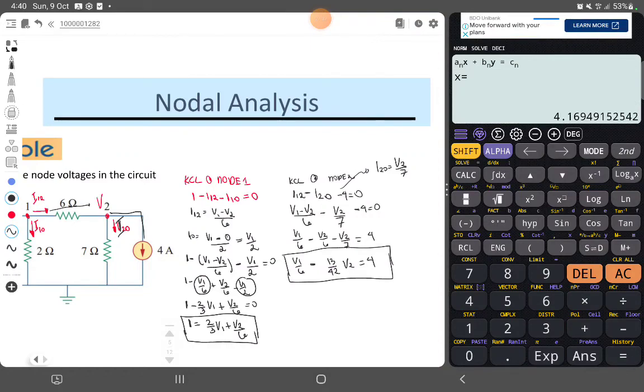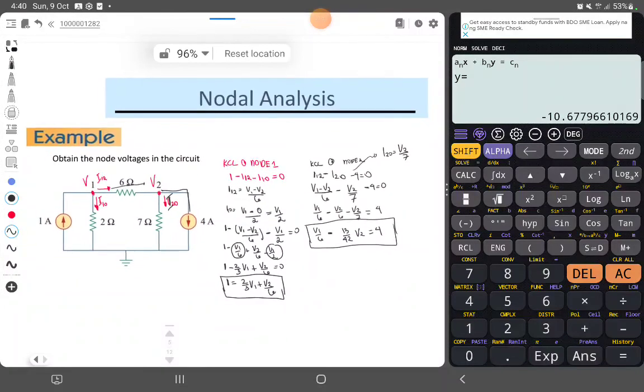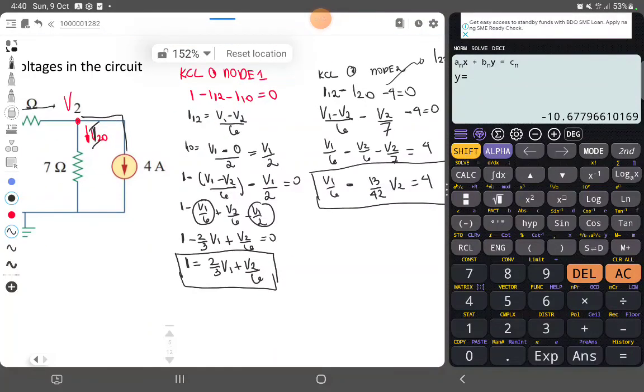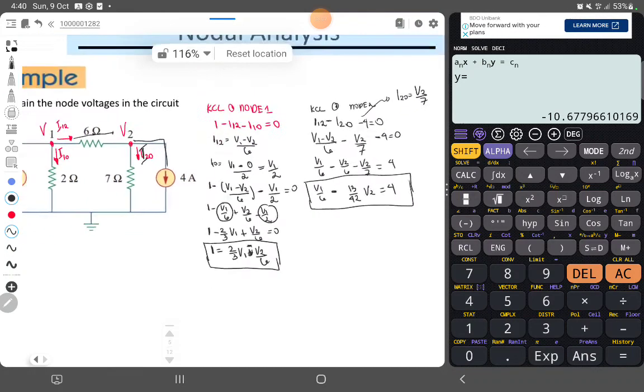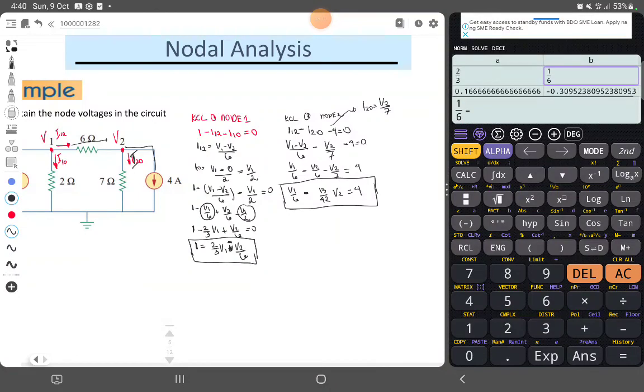So therefore we have our V1, V2, wait, let me see my equation. So I have 2/3. If I transpose my V2, this must be negative, and this must be negative 1 over 6.